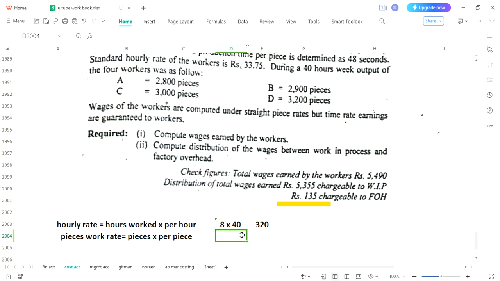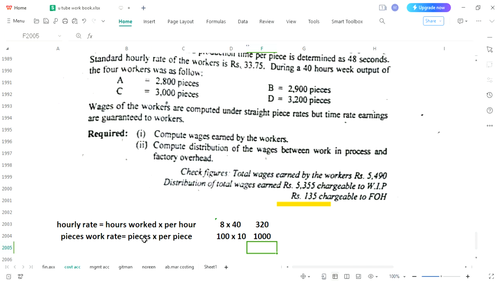In a similar way, if he had manufactured 100 pieces and for each piece you are going to give him 10 rupees, the wage is 100 multiplied by 10. So total wages 1000. That's the simplest thing with which you can pay wages to workers.